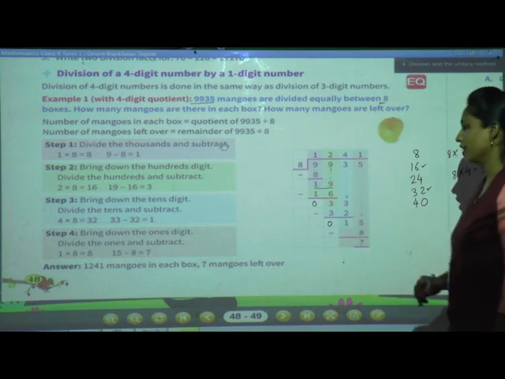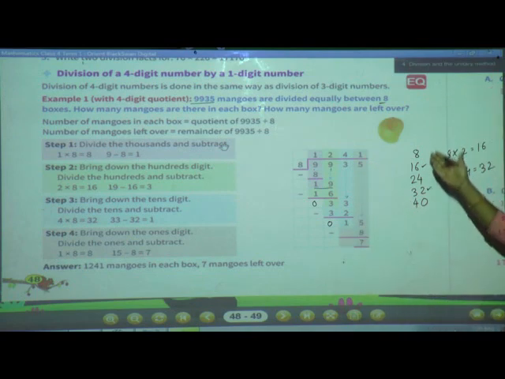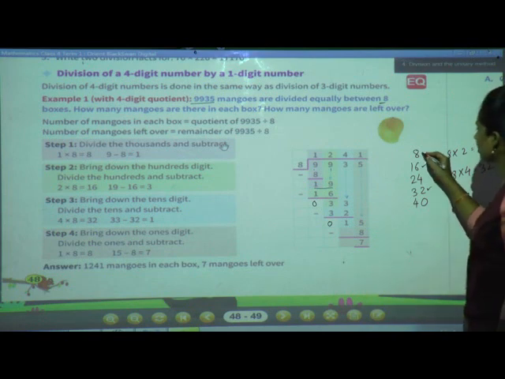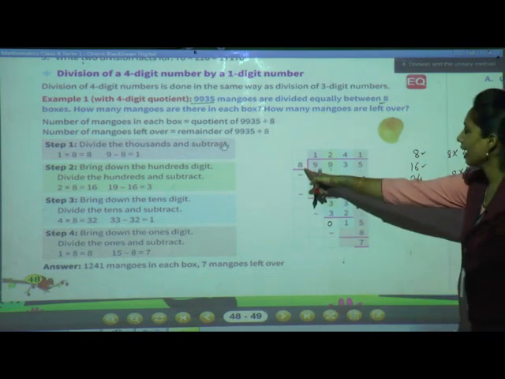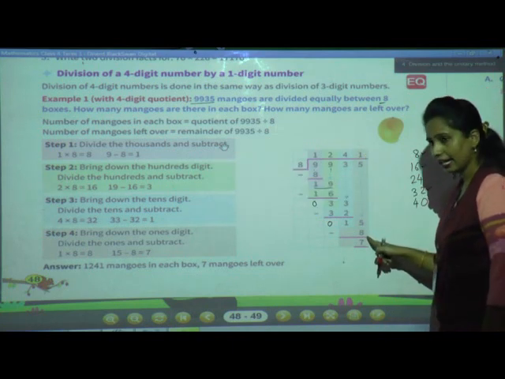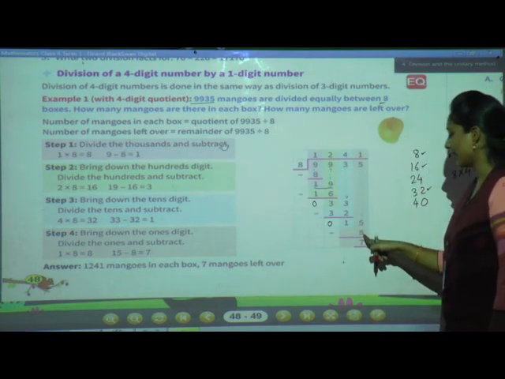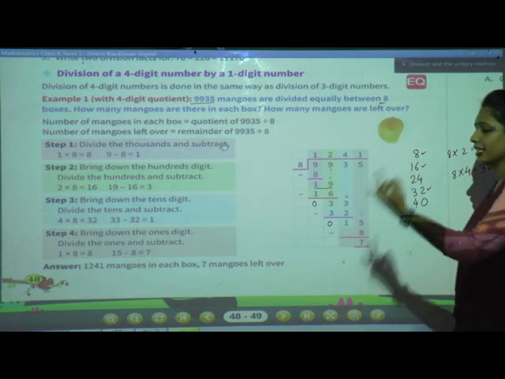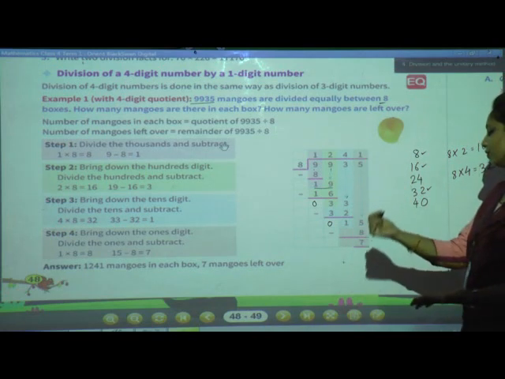So we are having 15. Check whether 15 is there in the 8 table. No, 16 is there. We cannot take 16. So go with the one less than 15. What is there? 8. So 8 ones are 8. Now do the subtraction. Count after 8 till 15 comes: 9, 10, 11, 12, 13, 14, 15.